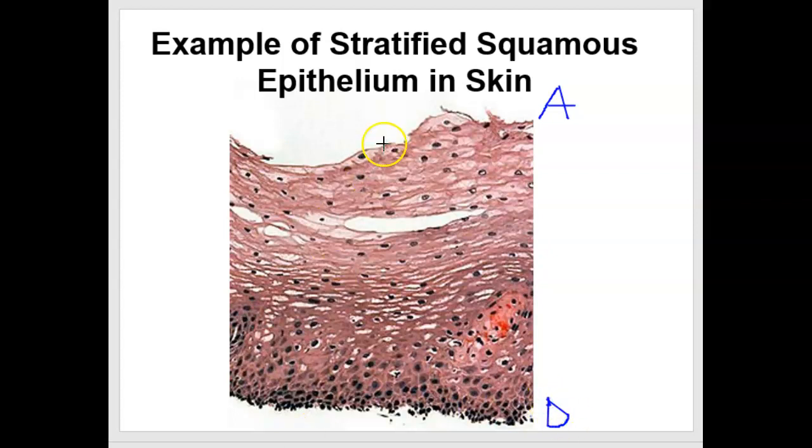And the cells up here are flat. So that's why we name it squamous. And here's one that you can kind of see that's flat. I'll get rid of my lines so you can study it. So this technically is stratified squamous epithelium.